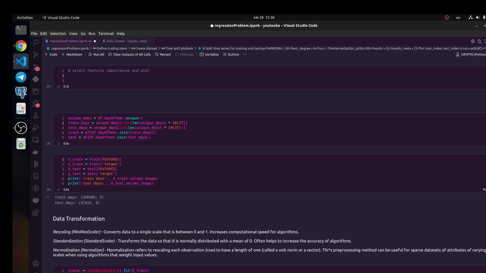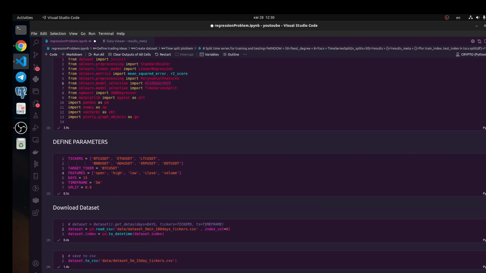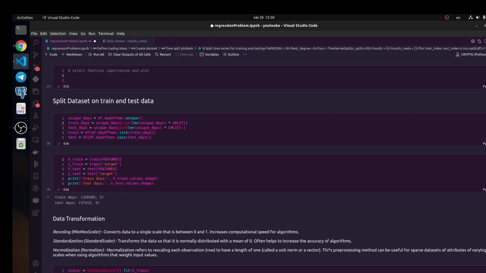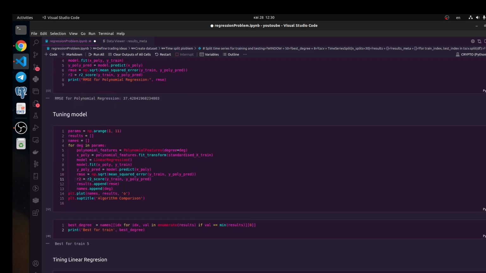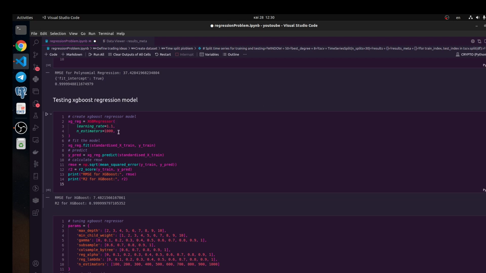Let's look, just for a quick presentation. Okay, this is testing the XGBoost model, where we use a learning rate with gradient to find the best gradient.